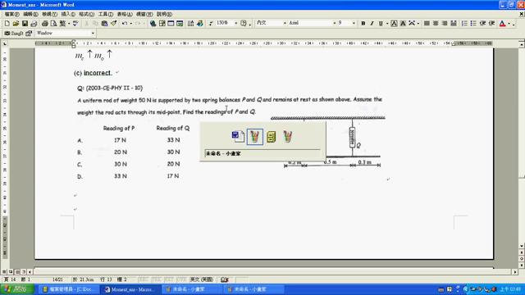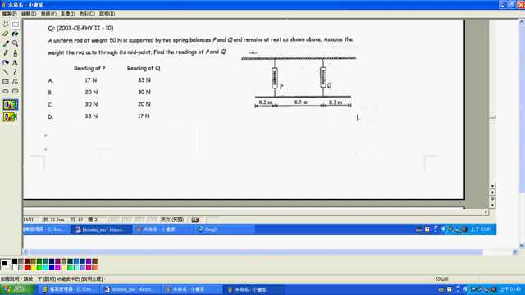Now let's look at the free body diagram. We call the force provided by the spring balance R. Just call it P and Q because we're doing MCs.